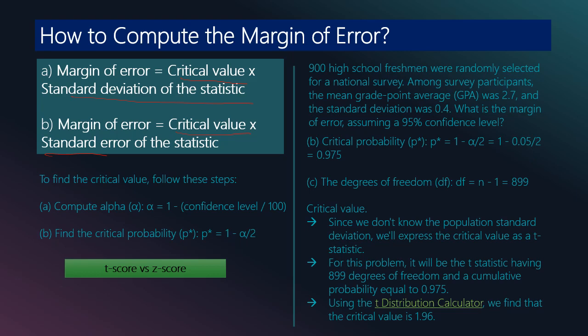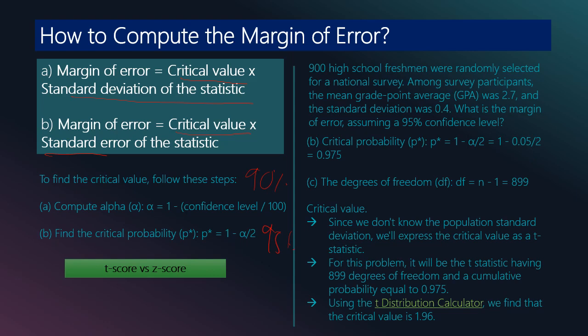To find the critical value, so how to determine the critical value? So in sampling, normally we determine how confident we are. So it's whether 90% or 95%. For example, let's say it's 95%.